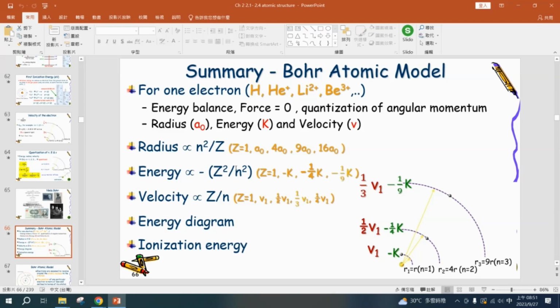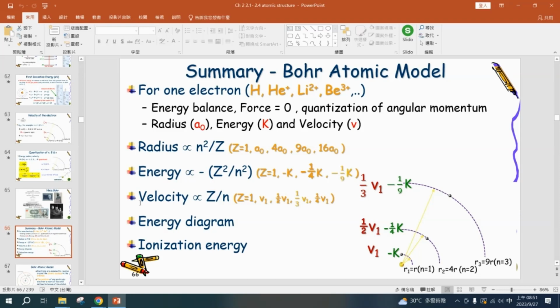And if you increase n, the energy will increase. So assume Z equal to 1, n equal to 1, you will get minus K, and then minus a quarter K, minus 1/9 K.